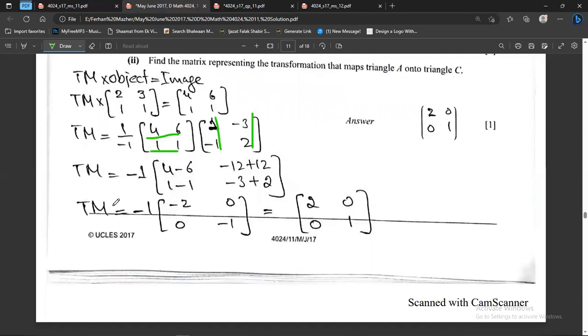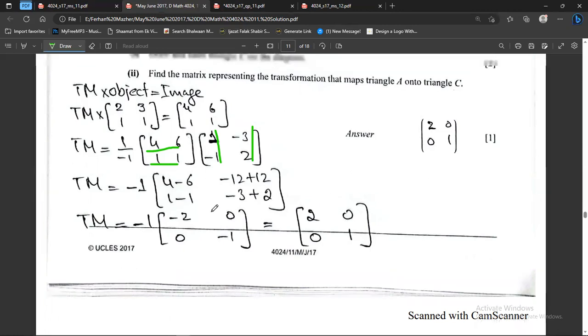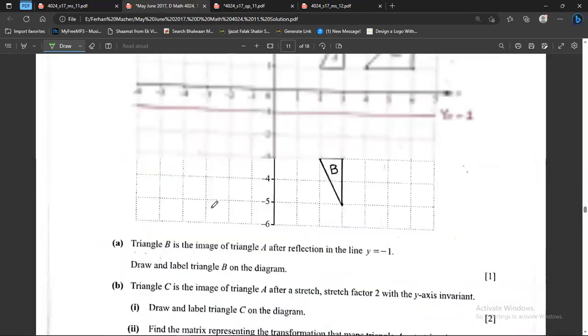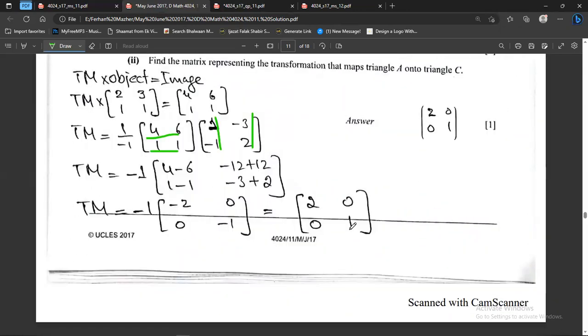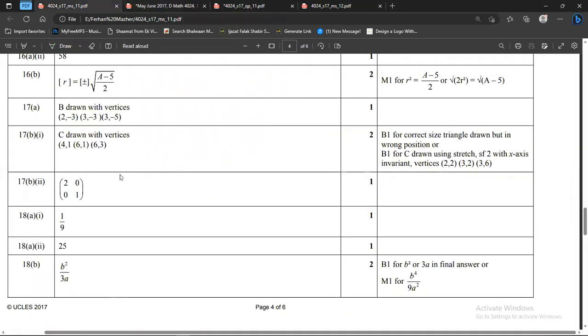So the transformation matrix has the negative outside: -2, 0, 0, -1. When this negative multiplies with all of them, their signs change. So this becomes 2, 0, 0, 1. So we have done question 17. This is the transformation matrix, 2, 0, 0, 1. That is the right answer, sir.